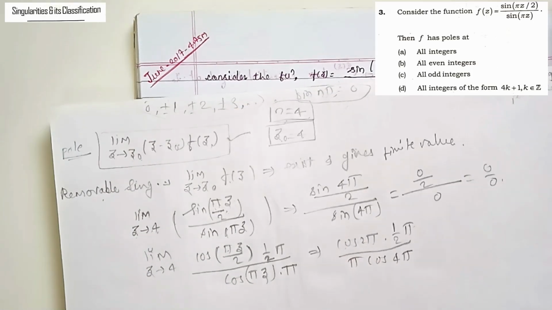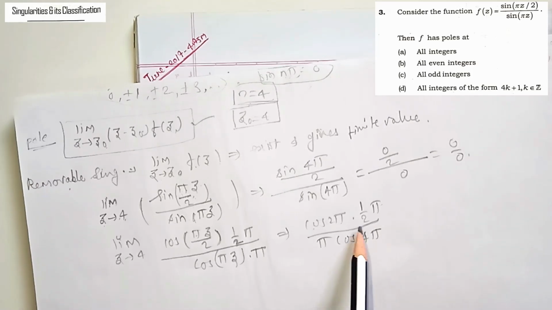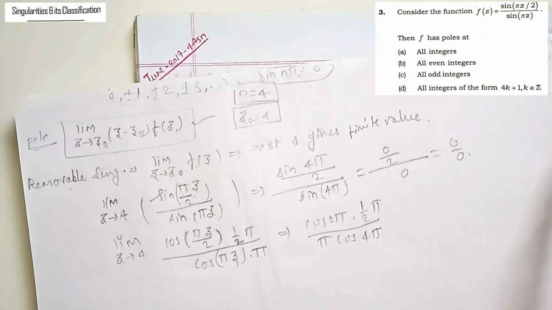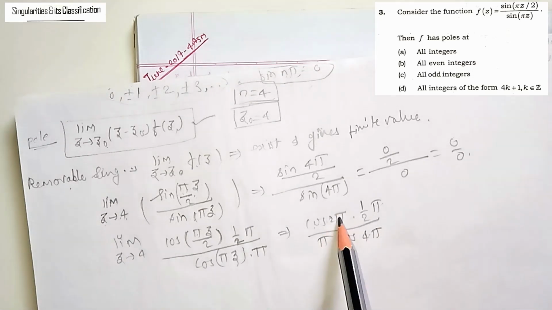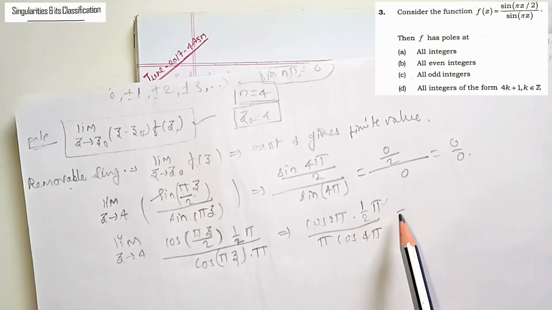The value of cos 2 pi is 1, and cos 4 pi is 1. That means cos n pi is 1 when n is even, and when n is odd we get minus 1. So cos 2 pi is 1, cos 4 pi is 1, pi gets cancelled, and we get the value 1 by 2.